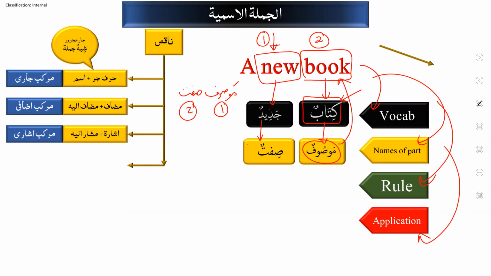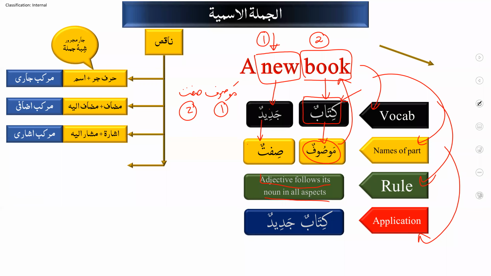So first, I'll explain now the rule. What is the rule? Remember, adjective follows its noun in all aspects. Simply, as Musharun was doing, it is also the same. So, kitabun jadidun. Observe, this kitabun is mausuf and jadidun is its sift, adjective. Both become kitabun jadidun. This is an incomplete phrase, a new book.